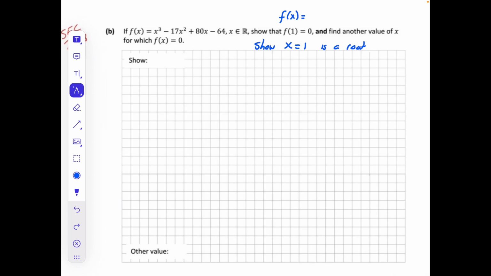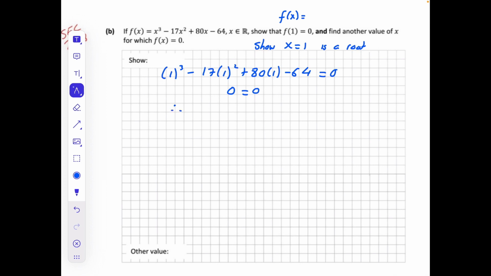So showing f of 1 is equal to 0 is a fancy way of saying show x equal to 1 is a root. If we want to show something is a root, we sub in 1 and the whole thing should equal 0. Put all of that into my calculator, and I hopefully get out 0.